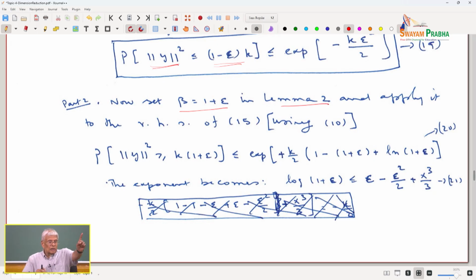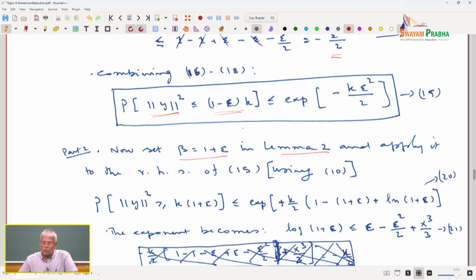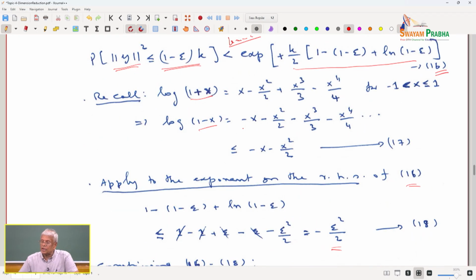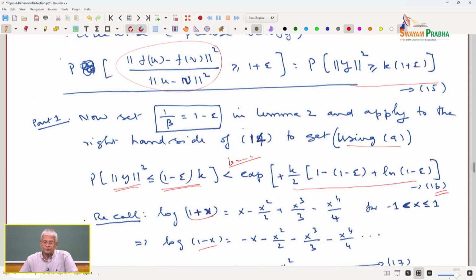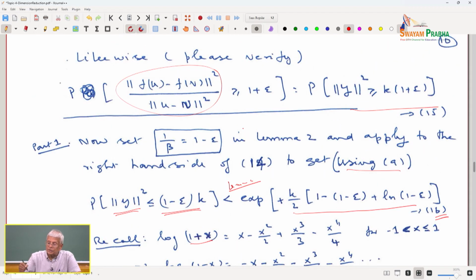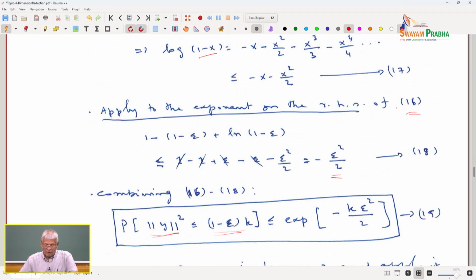Please understand, lemma 2 is the key here, and apply the right hand side of 15, and you already know what 15 is. Let's go back and check it out. This is the ratio, this is 15, and that's a key result that we have already seen.